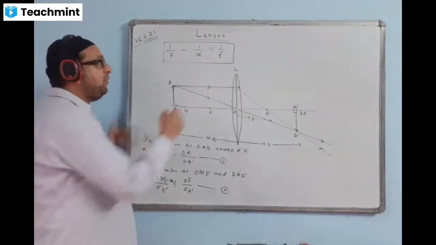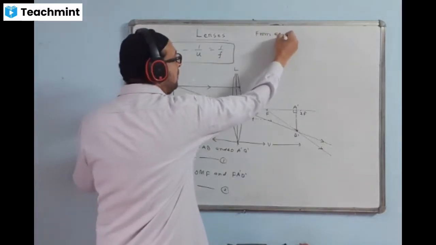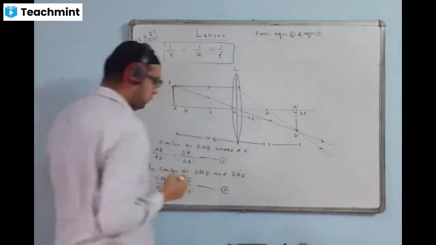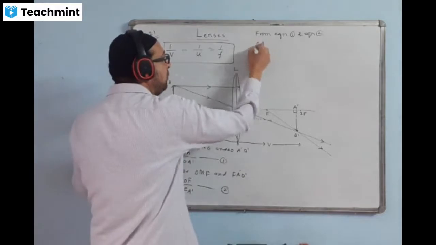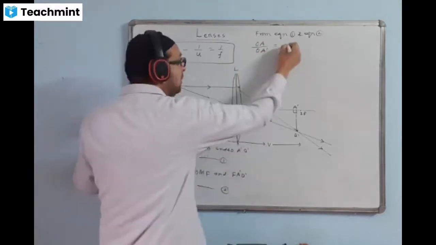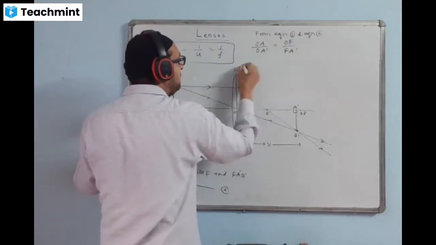So now, therefore, from equation 1 and equation 2, what happens? Right hand side will be equal, right? Let us write the right hand side. OA by OA dash is equal to OF by FA dash.